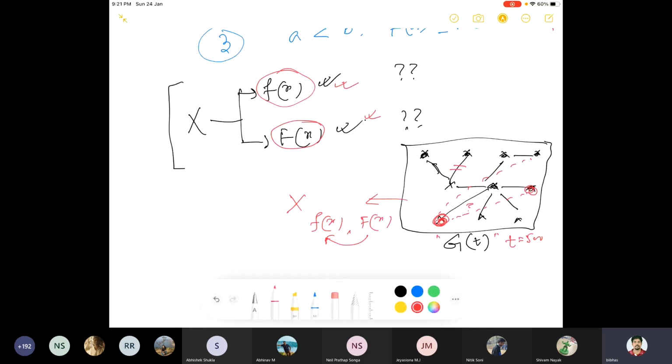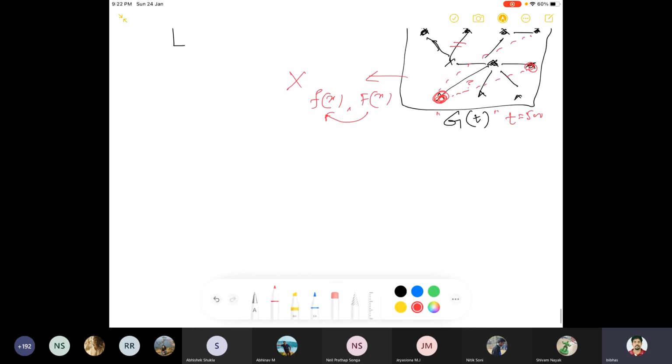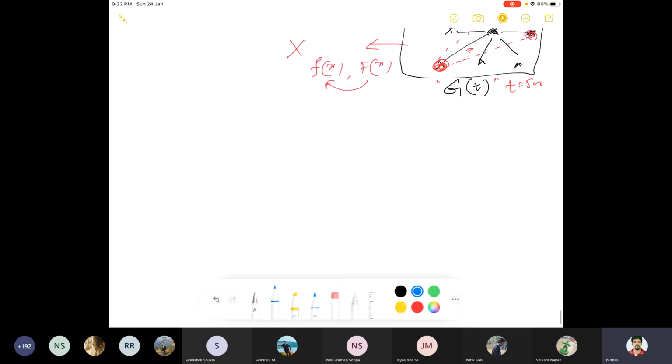Before that, let us develop the concept of continuous random variable. Okay, so now we'll talk about what is called a continuous random variable.